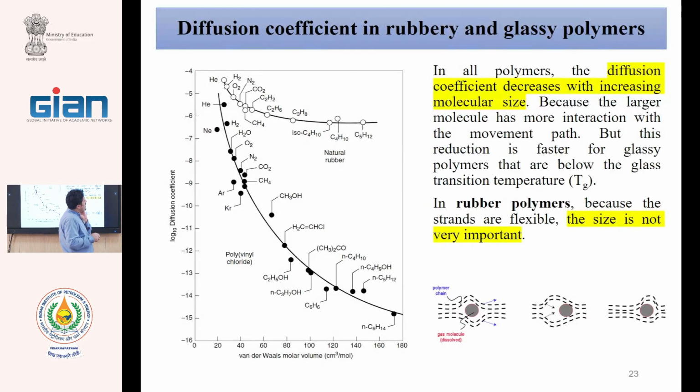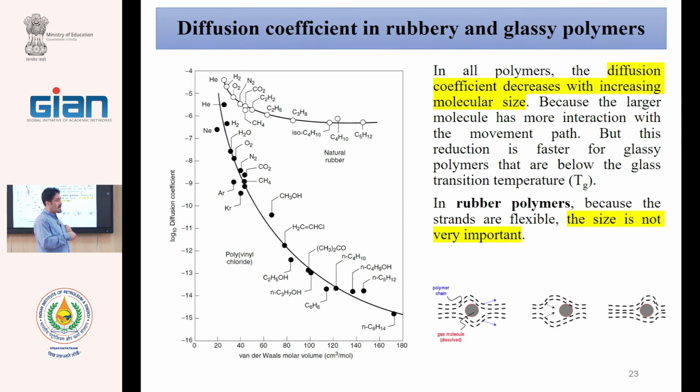We see that when we have rigid and glassy polymers, we have better selectivity. The membrane can differentiate between 2 gases. For example, when we compare hydrogen, our course is about hydrogen, with nitrogen, the diffusion coefficient difference is about 100 times.